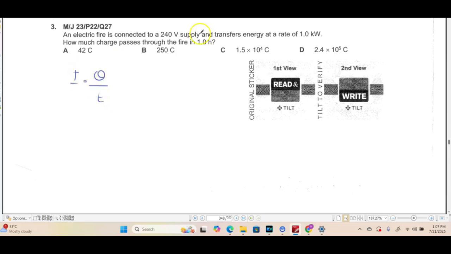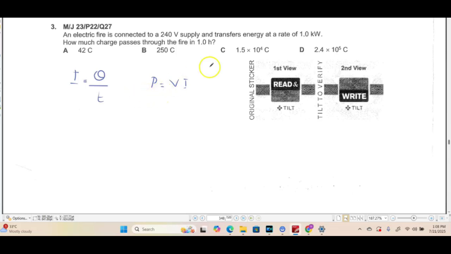We don't have the current here, so we use P is equal to VI as a formula. We have power and voltage, so we can find current easily by that.